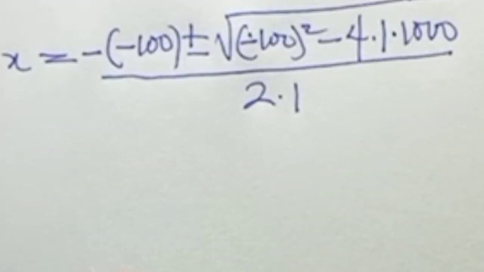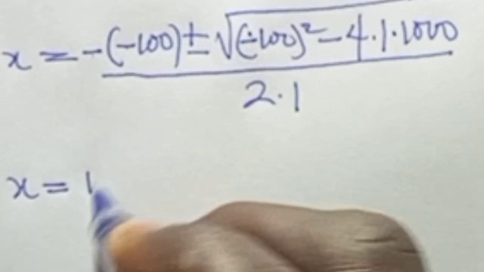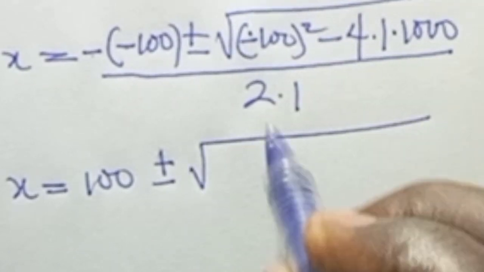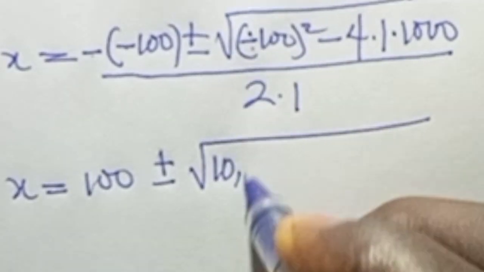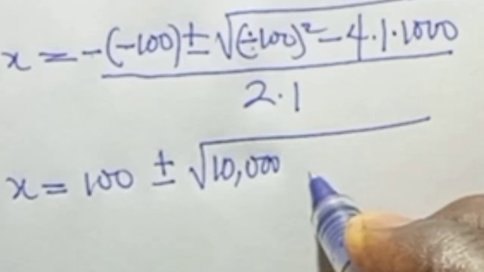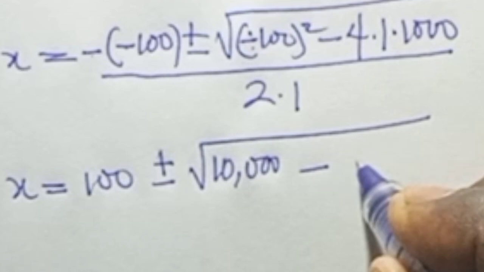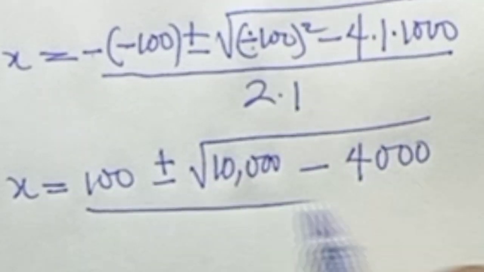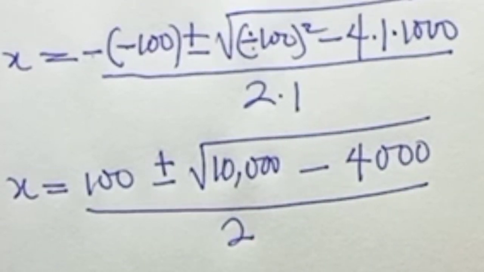So here x will become minus times minus is 100 plus or minus square root of minus 100 squared is 10,000, and 4 times 1 times 1000 is 4000, all over 2. 2 times 1 is 2.